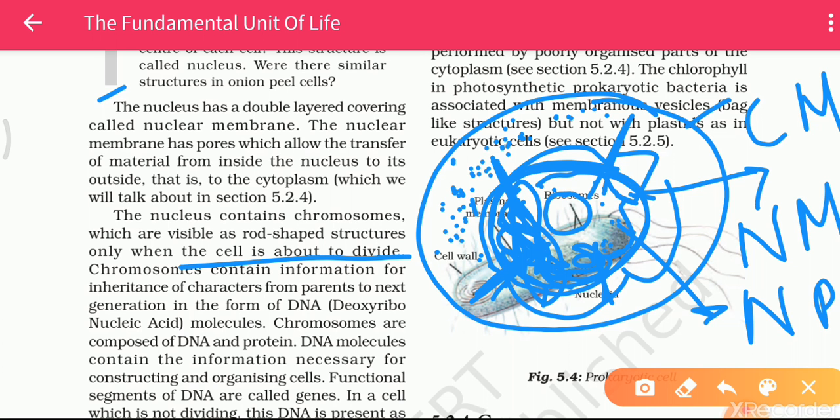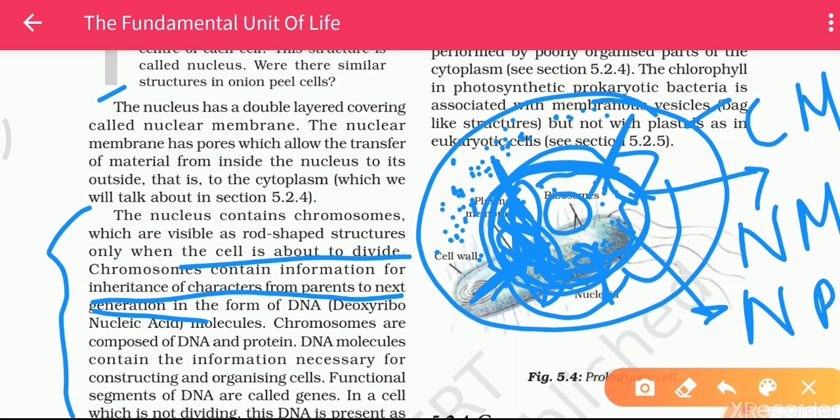Students, here it is very important because in this paragraph they are talking only about the chromosomes. Then what is the function here? Chromosomes contain information for inheritance of a character from parents to the next generation in the form of DNA. DNA molecules can transfer the characters from parents to the offspring.